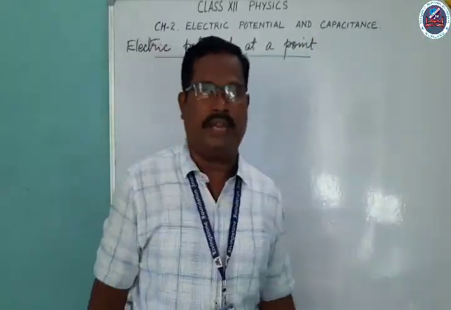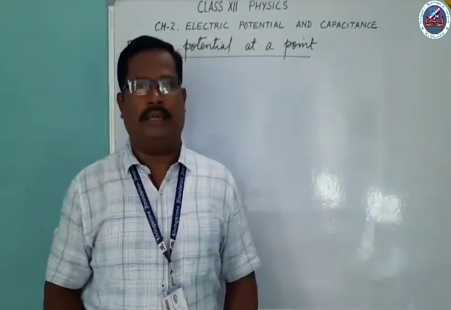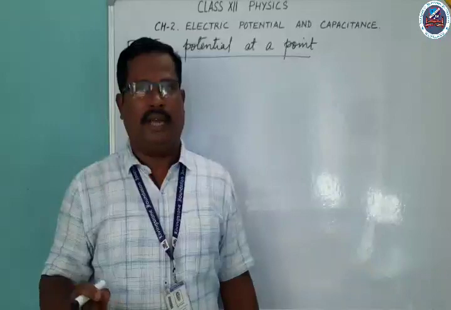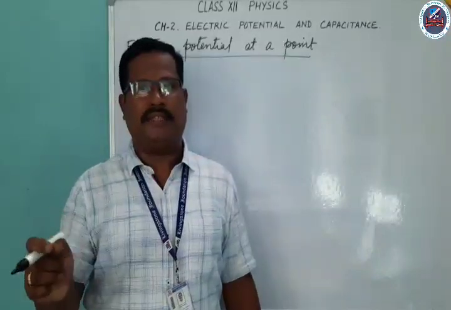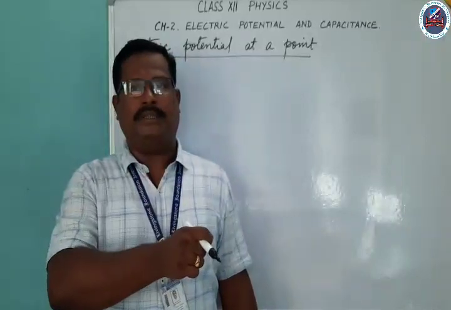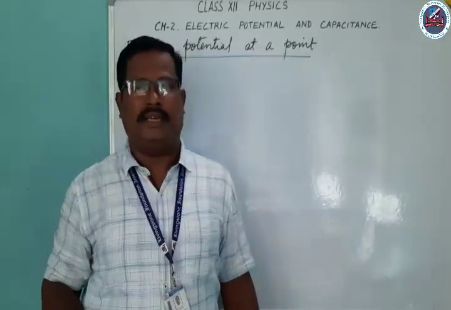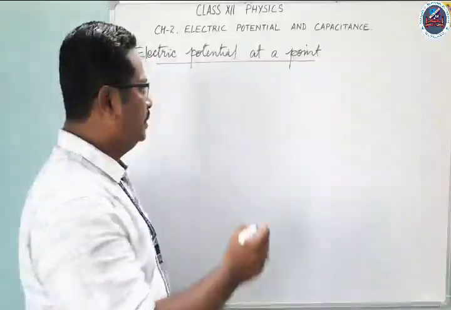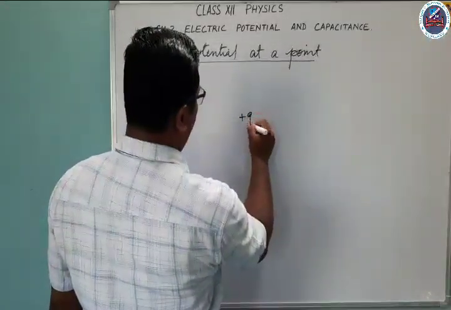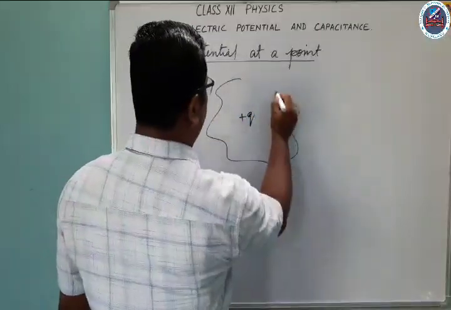Electric potential at a point is defined as the work done in bringing a unit positive test charge from infinity to that point without any acceleration. Suppose there is a point charge here and this is a field region.